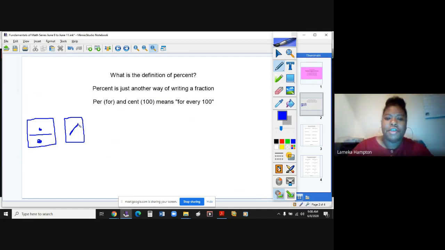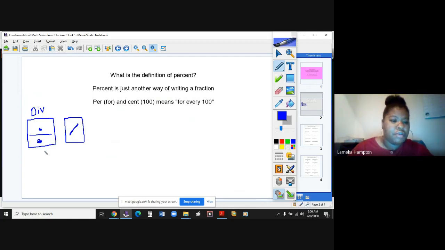I want you to pay special attention to this particular button. Pretend that that's a button. We know that this is a division sign, and I'm going to put it. So that's the division sign. Remember, fractions are nothing but division problems.